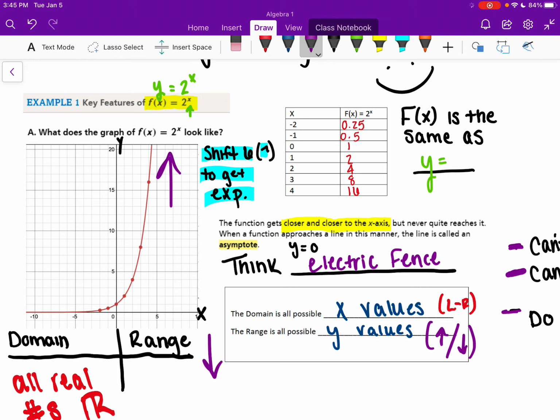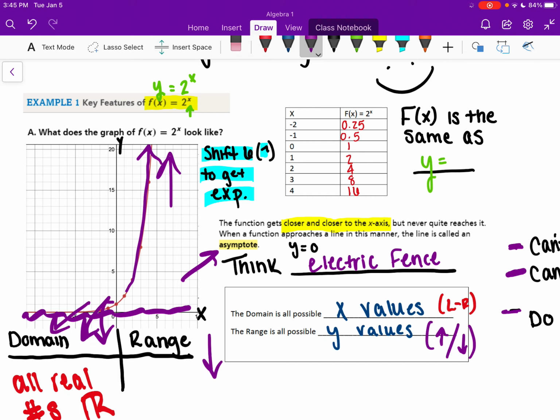And so what we know about this graph is it keeps going up, up, up, and away. But because of this asymptote that we learned about, this little invisible fence down here, we never cross it and go down. It's never going to come past that invisible line.